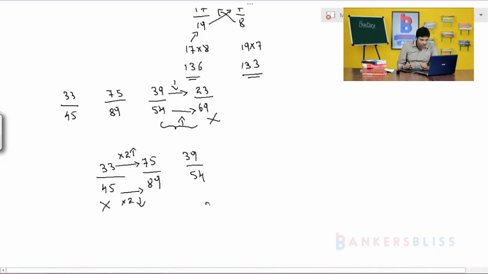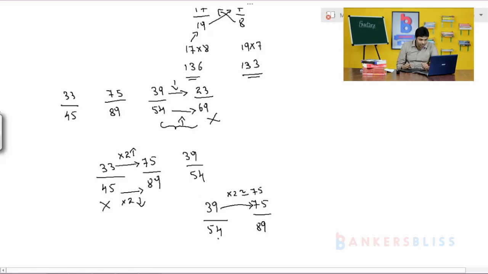Now you have an option, that is 39 by 54. This is one fraction. Next, 75 by 89. This is one more fraction. Now again you go with these two. 39 twos are 78, so into 2, it is very near to 75.